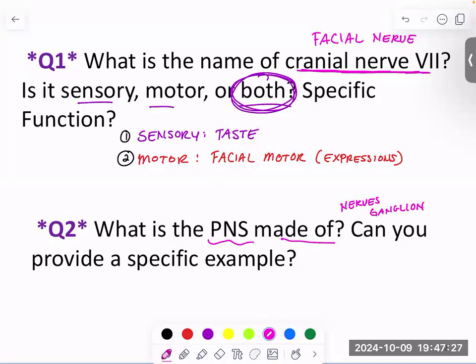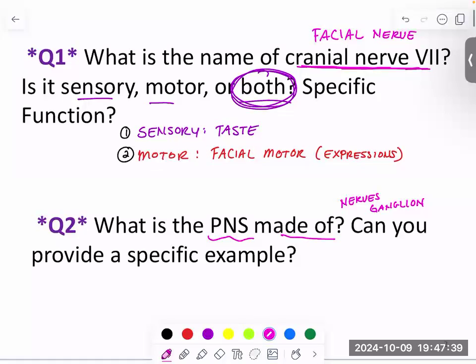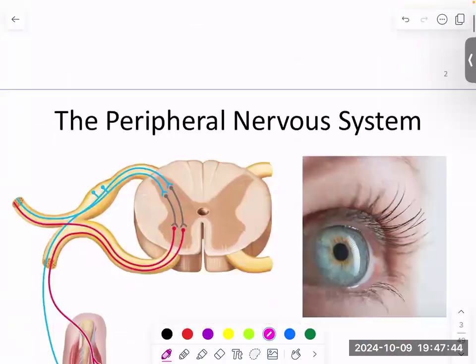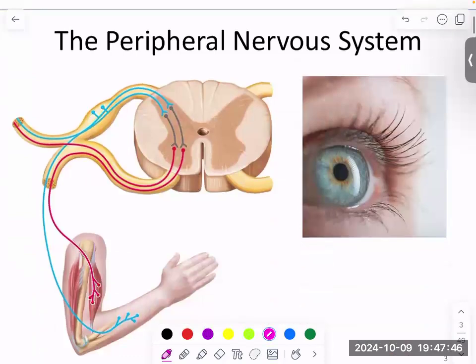What are the two major organs of the central nervous system? Brain and spinal cord. These are the organs of those systems. They are, but they're not organs. Okay? They're part of the nerves.